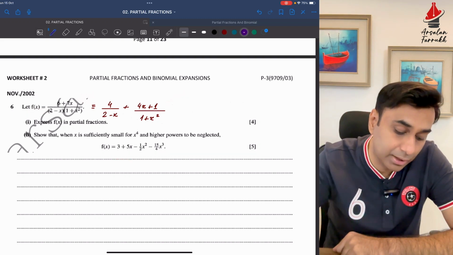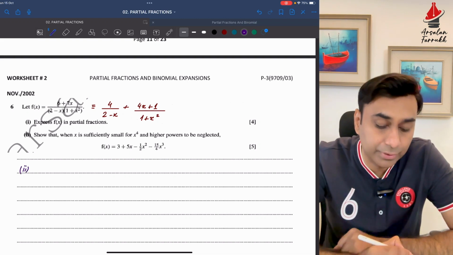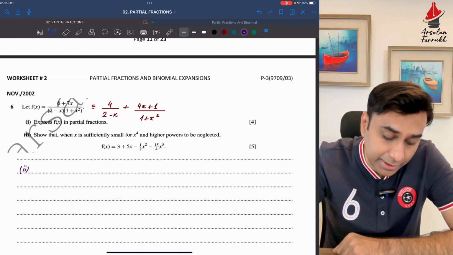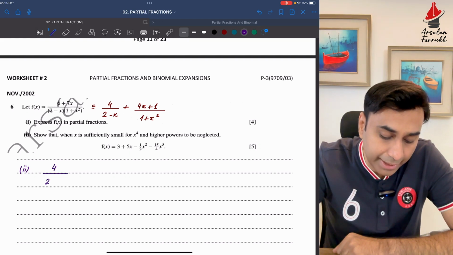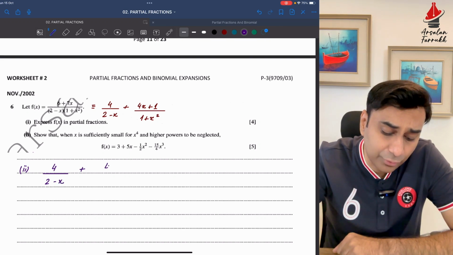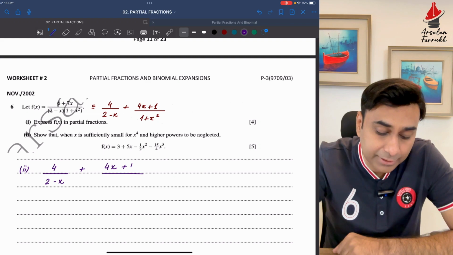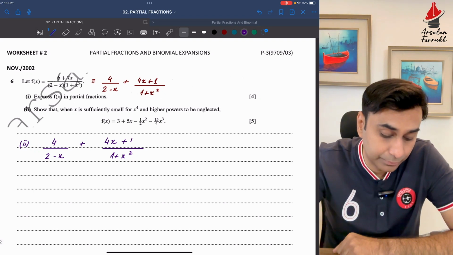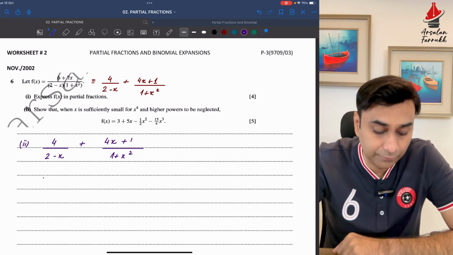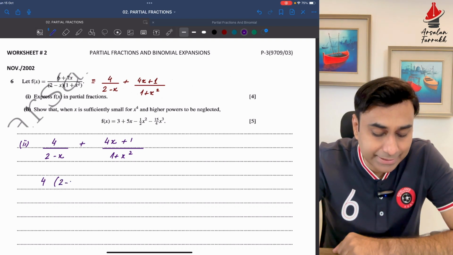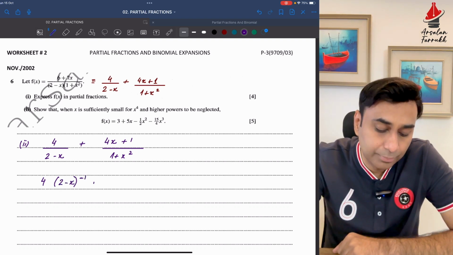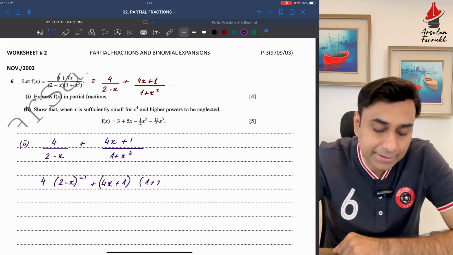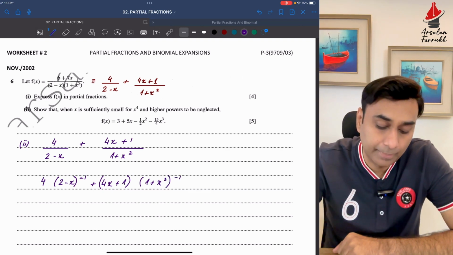So I'm doing part 2 over here only, and I start off by assuming that I have the partial fractions already. So I start off with 4 upon 2 minus x plus 4x plus 1 upon 1 plus x squared. And then I will obviously have to shift it up to the numerator. So this is going to become 4 times 2 minus x to the power minus 1 plus 4x plus 1 times 1 plus x squared also raised to the power minus 1.